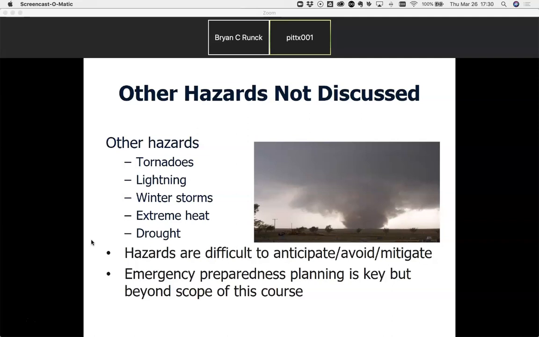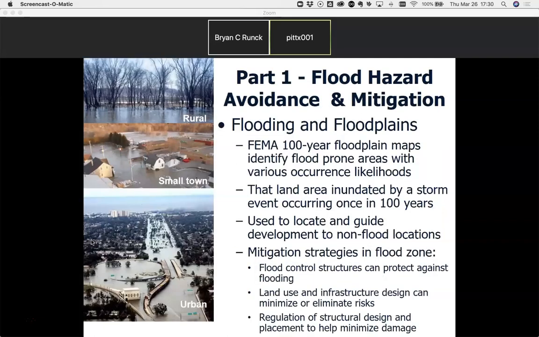And typically the approach to planning that's taken is in the context of planning for emergency preparedness, as opposed to necessarily trying to figure out where the event is going to occur. Rather, the preparedness is, what do we do about it now that it has occurred? And how can we deploy resources to mitigate the damage?